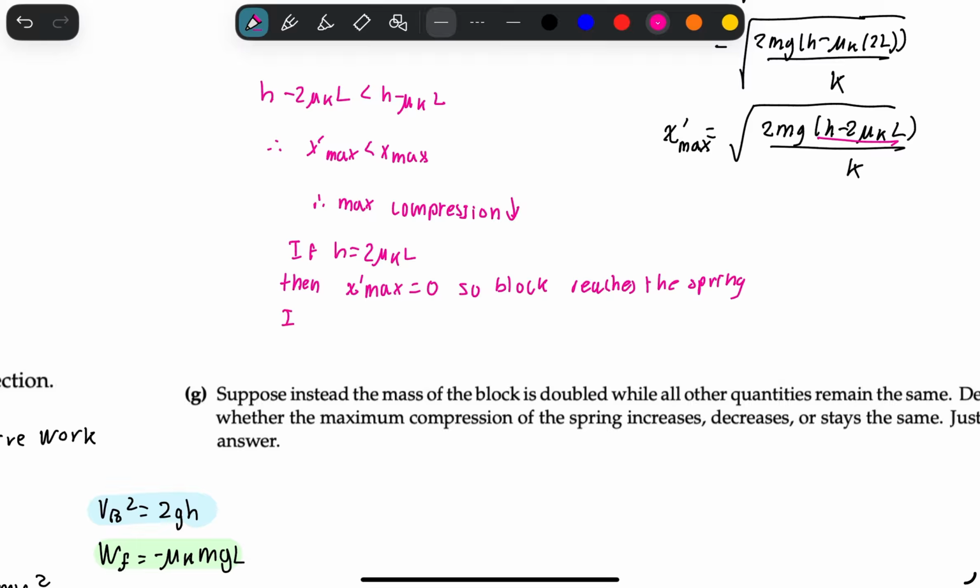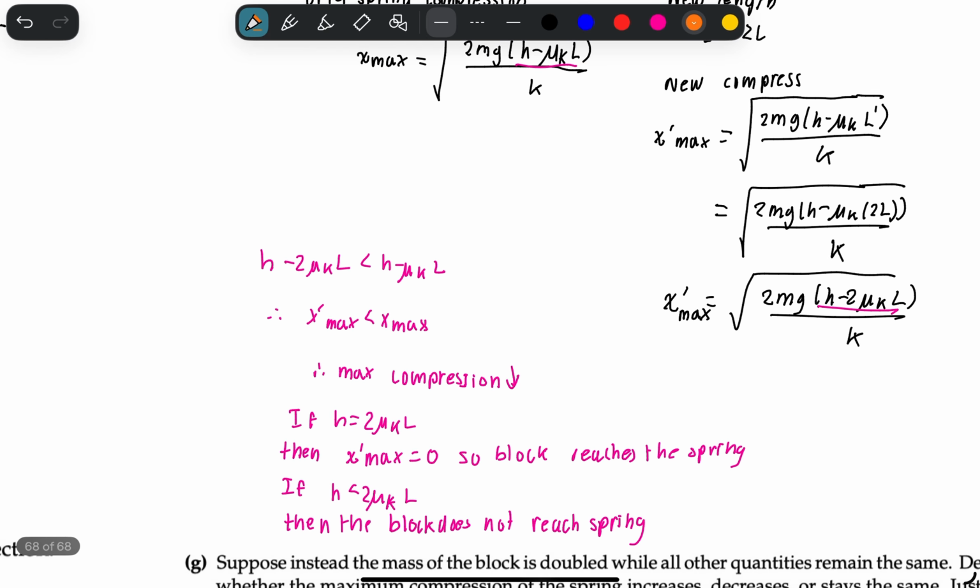Now, if h is less than 2 mu k L, that means the block does not reach the spring. This makes sense because if you double L, that is going to double the energy removed by this friction.